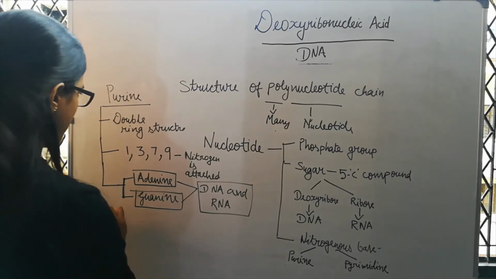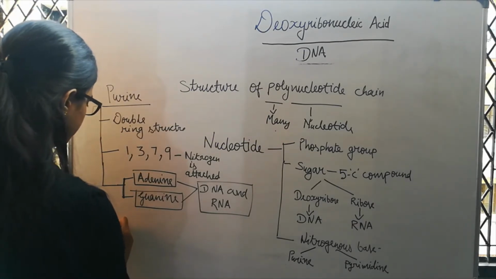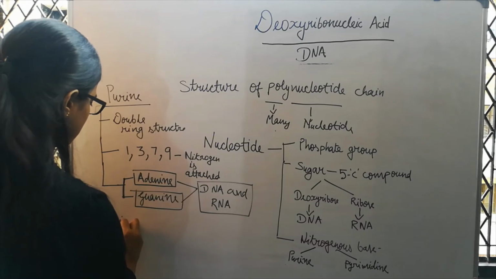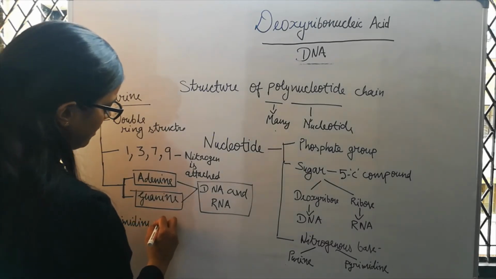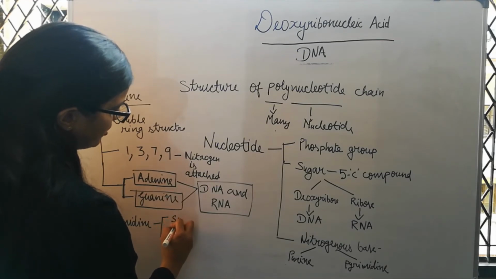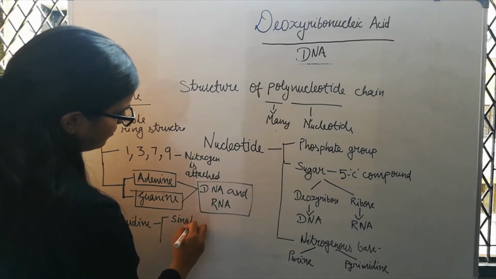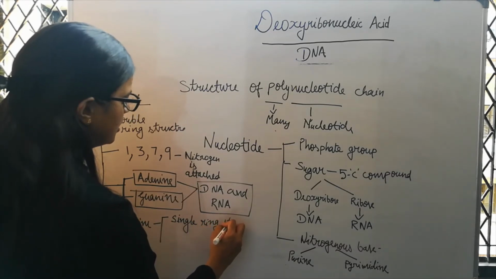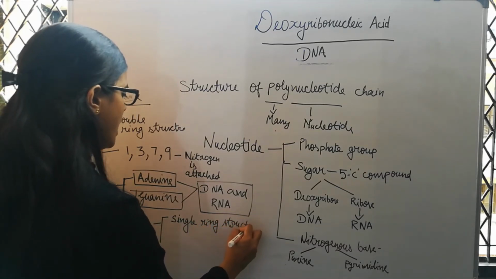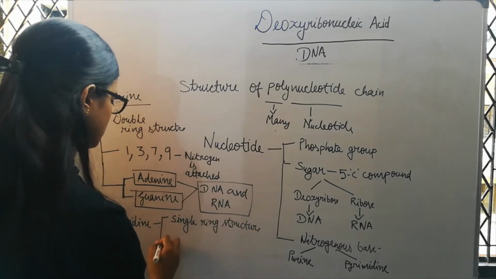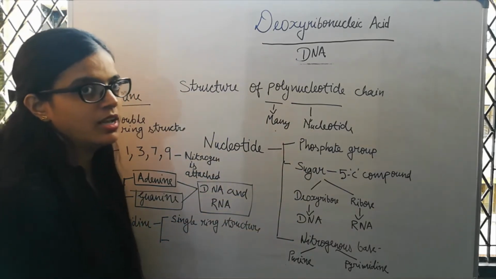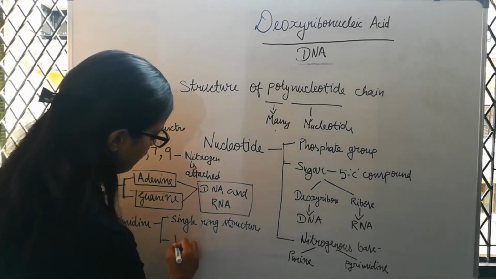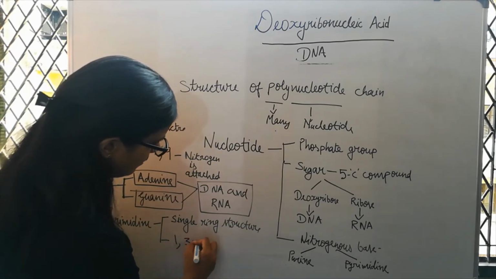Next is pyrimidine. Pyrimidine is a single ring structure, and nitrogen is attached at the positions 1 and 3 only.